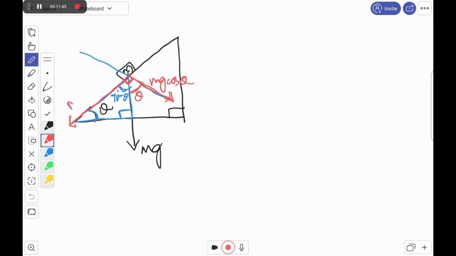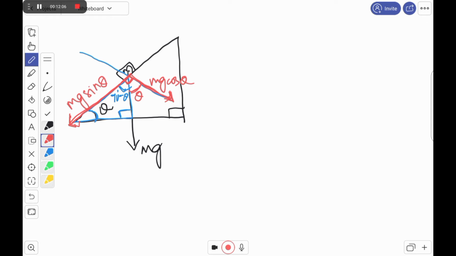So this is your mg sin theta. Always remember this. There should be no confusion regarding this. Along the inclined plane will be mg sin theta and here it will be mg cos theta. Is it clear, children? I think it is clear.